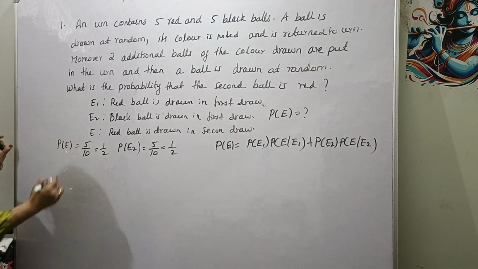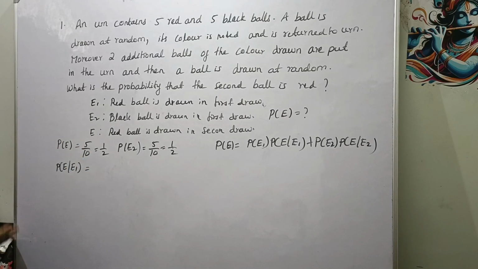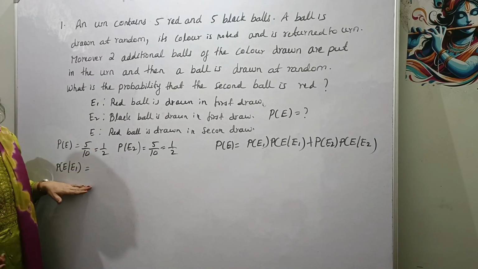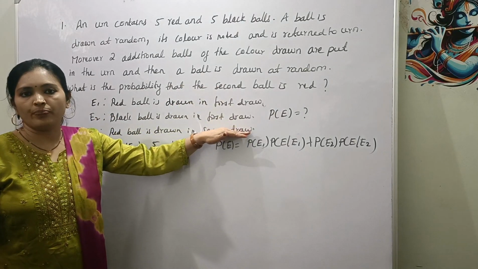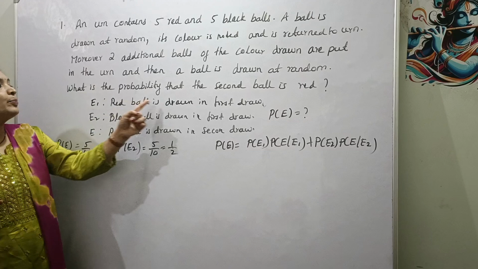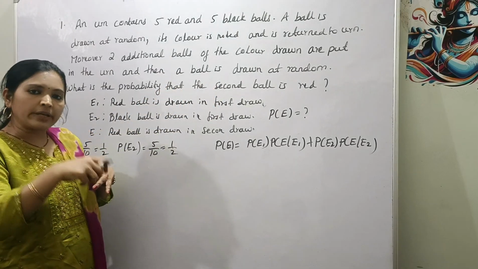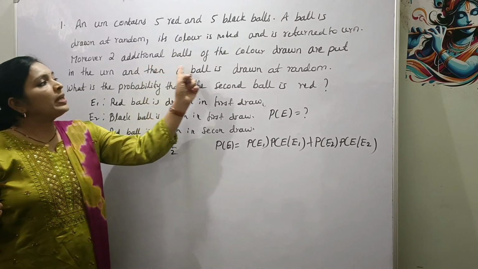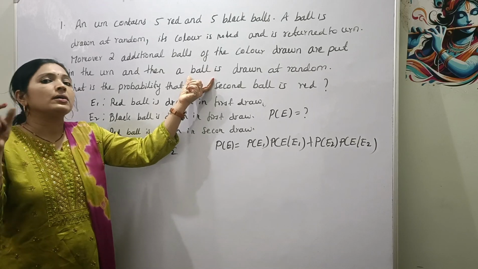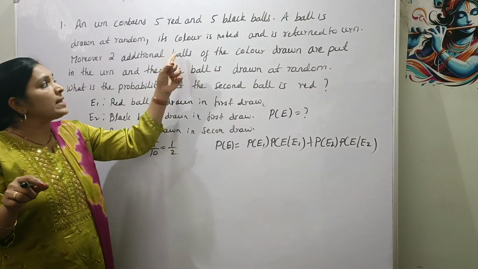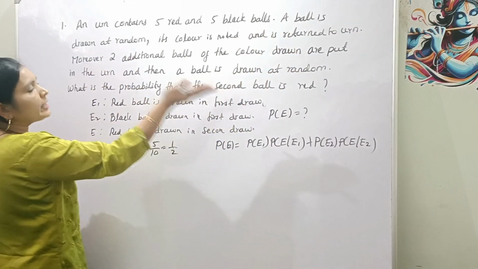Now, what is the probability of E given E1? It is nothing but the probability that a red ball is drawn in the second draw, given that a red ball is drawn in the first draw. If we draw a red ball in the first draw, how many red balls are there the second time? There are 7 red balls, right? Because its color is noted and it is returned to the urn.